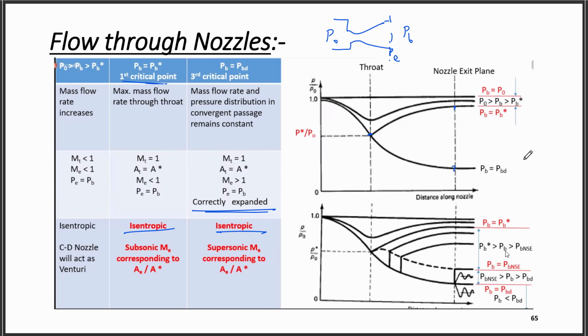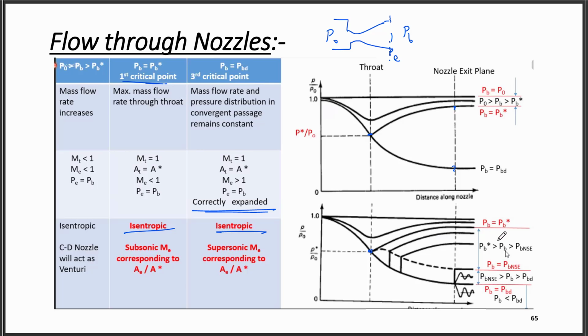Now, if from the first critical point we decrease the pressure more, then what will happen at the nozzle? It will remain choked. So at the throat, it will be Mach number equal to 1, so the converging section will remain constant as before. Only in the divergent section, as pressure is not low enough for the third critical point, there will be one normal shock, after which flow will become subsonic.